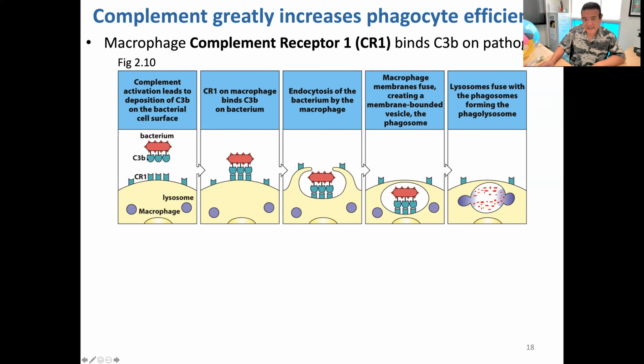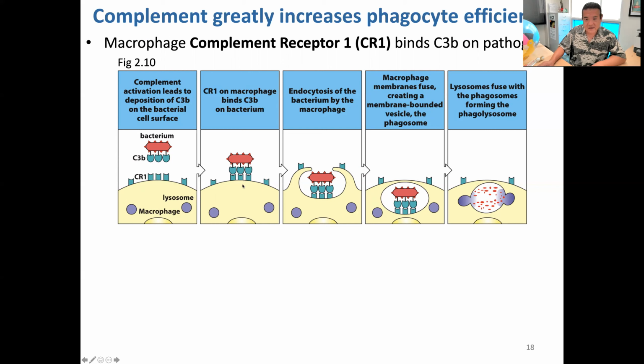But the point is, this opsonization process that has happened, the coating of the bacteria, right, is like the Velcro being put on the ping pong ball, because the macrophage, the beach ball over here, has complement receptor 1 on it, right? These would be like the fuzzy little stickers on the beach ball that are designed to be the right shape to recognize and interact with the complement proteins, right?